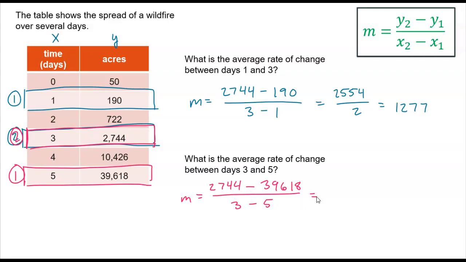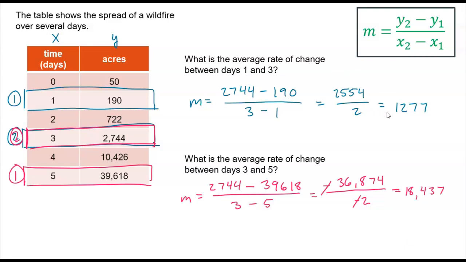So on the top we get 2744 minus 39618. I get negative 36874. And on the bottom we have 3 minus 5, which is negative 2. Let's see, those negatives are going to cancel. And overall I get 18,437.